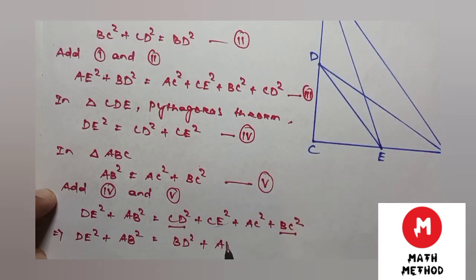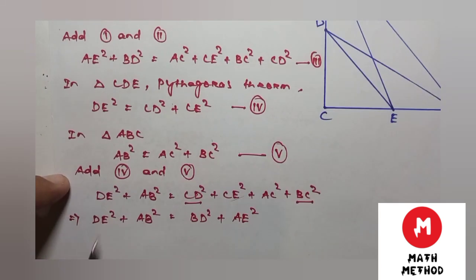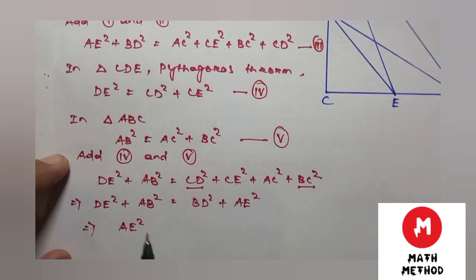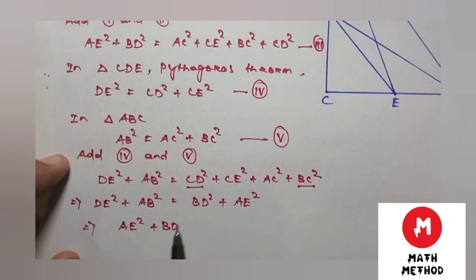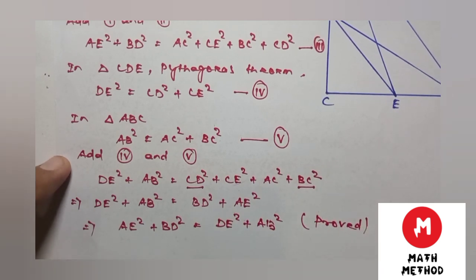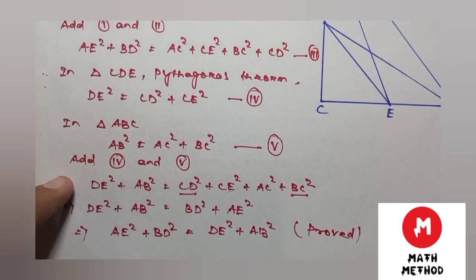So we have to prove AE square plus BD square is equal to DE square plus AB square. Proved. This is the end of question number 13.